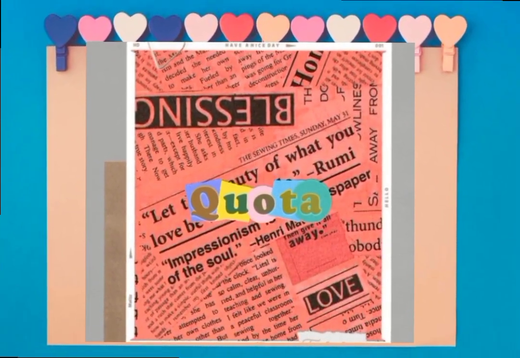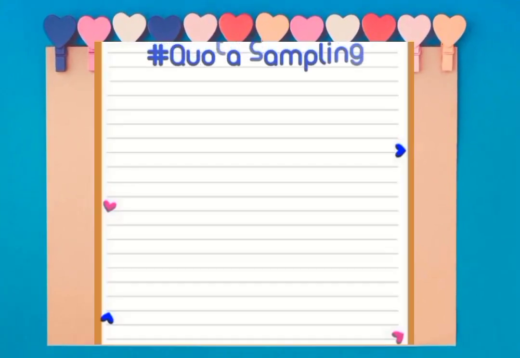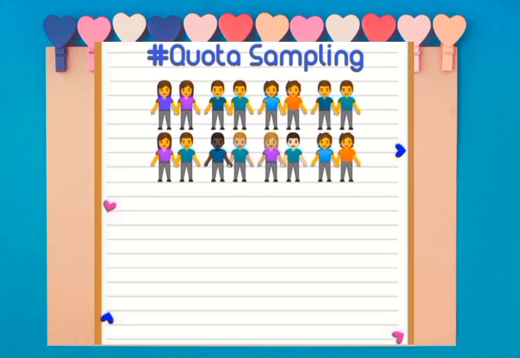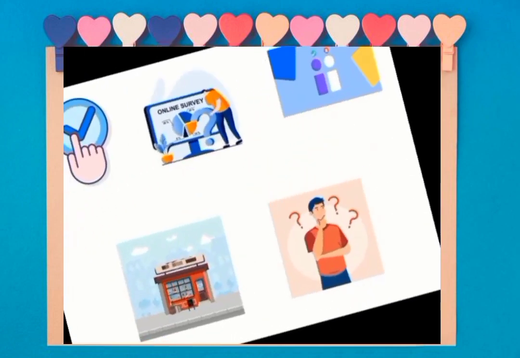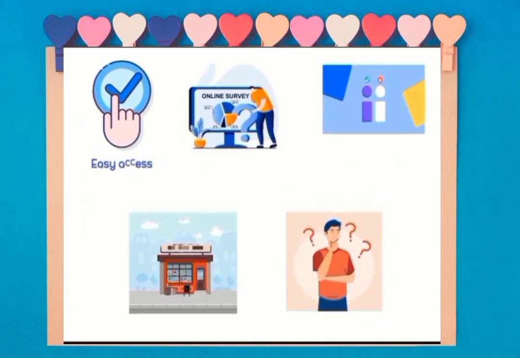Voluntary response sampling. Similar to convenience sampling, a voluntary response sample is mainly based on ease of access. Instead of the researcher choosing participants and directly contacting them, people volunteer themselves, for example, by responding to a public online survey. Voluntary response samples are somewhat biased, as some people will inherently be more likely to volunteer than others.